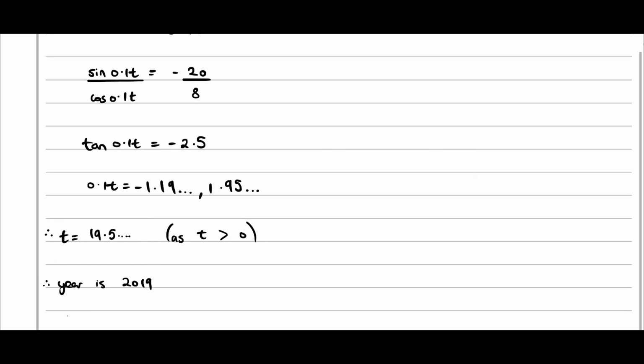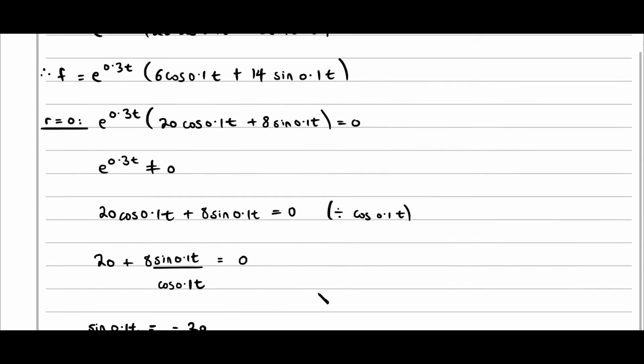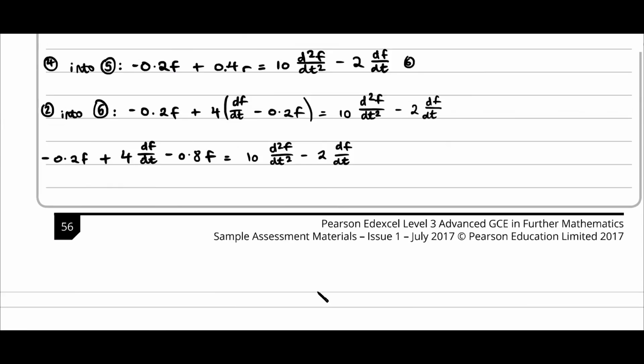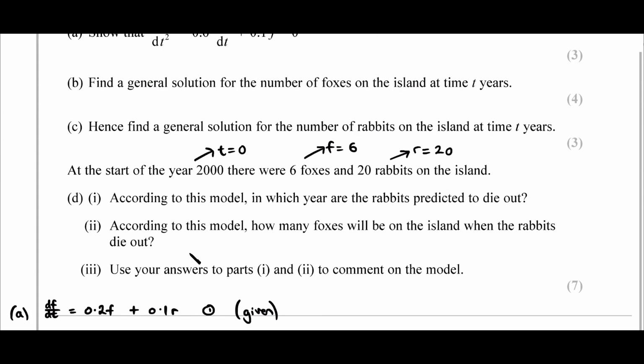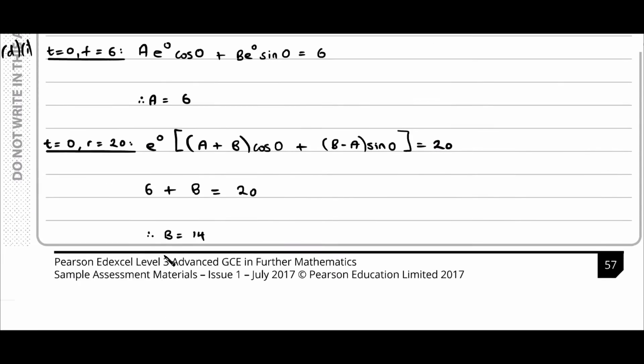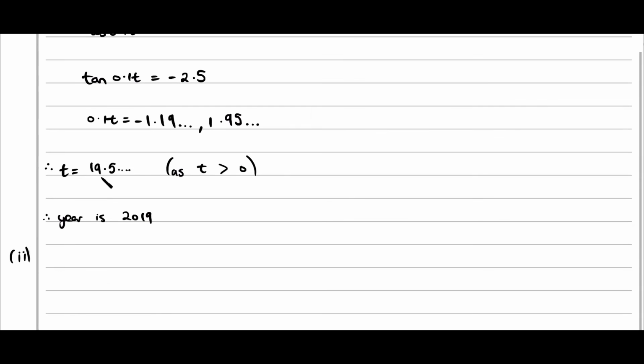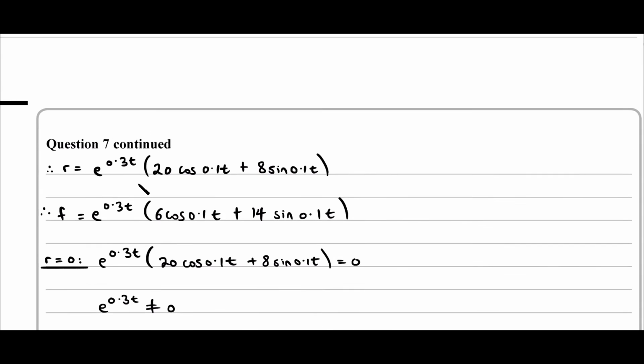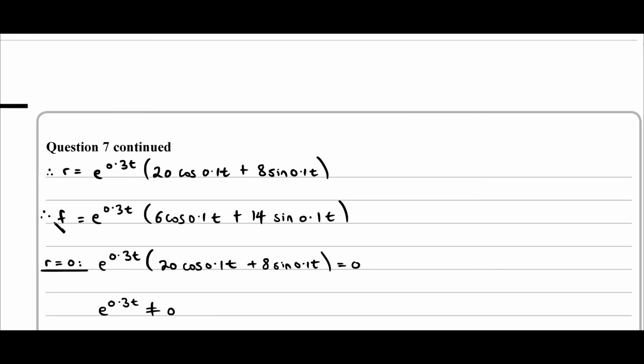For the next part, we have to find, according to this model, how many foxes will be on the island when the rabbits die out. Now, we know that the rabbits die out when t is equal to this 19.5, etc. And we can then substitute that into this f equation to find out the number of foxes.